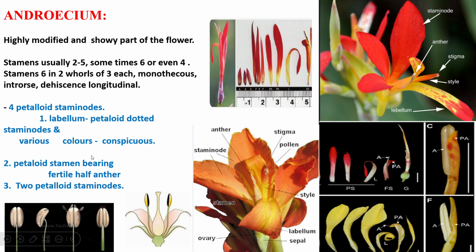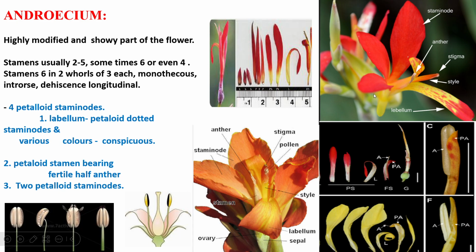One is labellum. It is different in size, large, brightly colored, with some dots and streaks. It is the most conspicuous part of the flower, arranged in tubercles. Only one stamen is fertile, with half anther. Filaments are modified into petaloid.